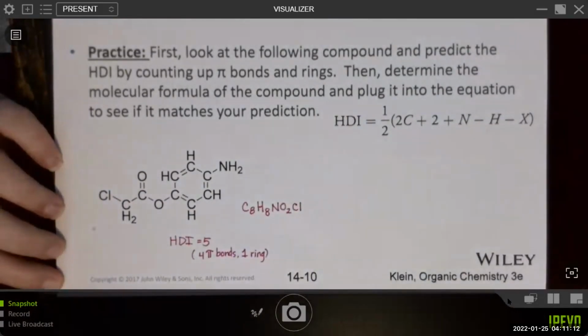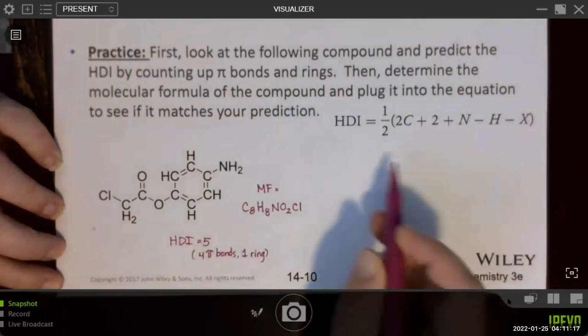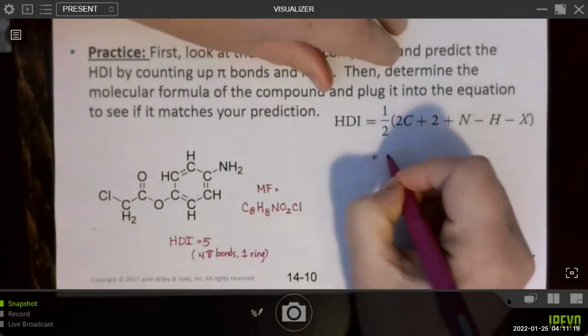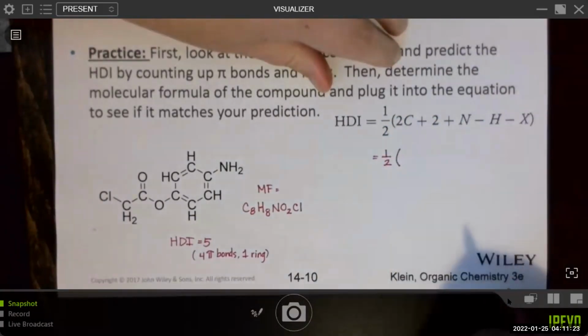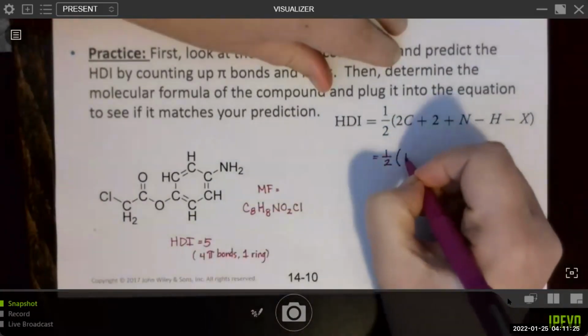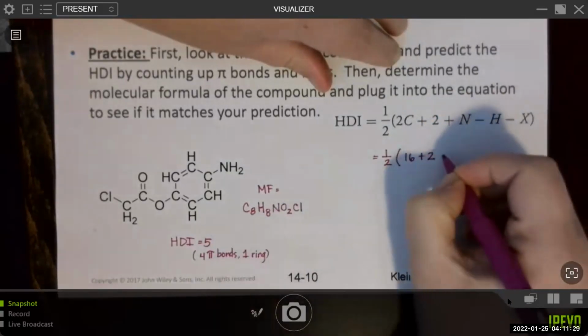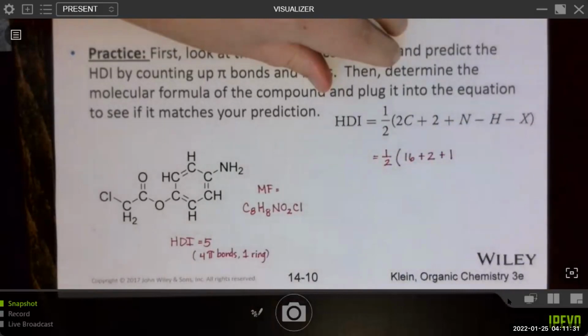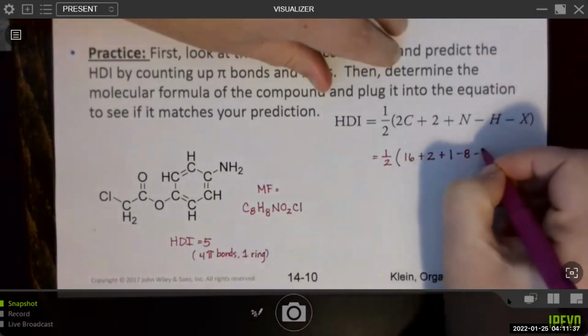Next, we can take this molecular formula and plug it in to this equation. So we have the HDI is equal to 1/2 (2 times the number of carbons. Well, there's 8 carbons, so that will be 16 plus 2. There's 1 nitrogen, so plus 1. Subtract the number of hydrogens, so minus 8, and minus the number of halogens, minus 1).